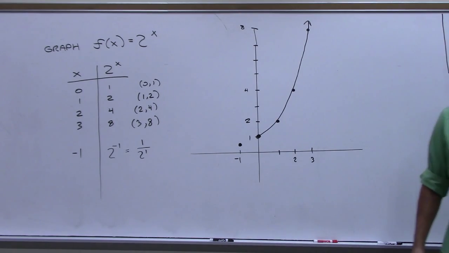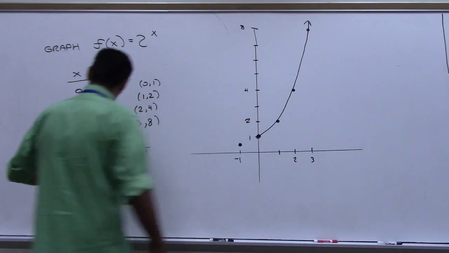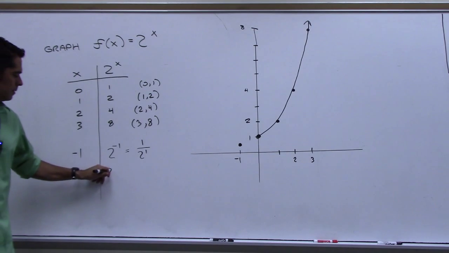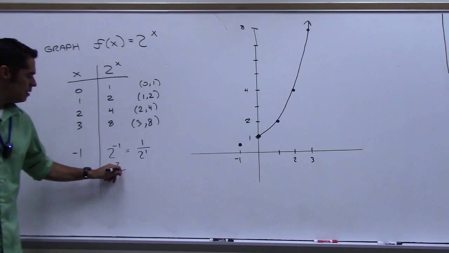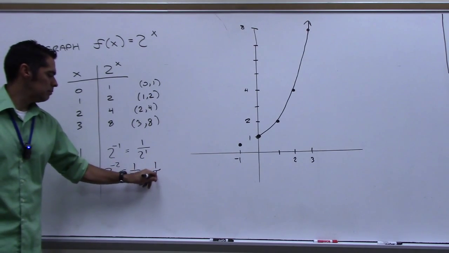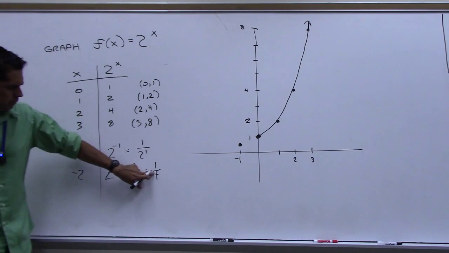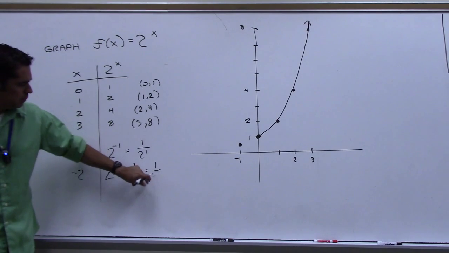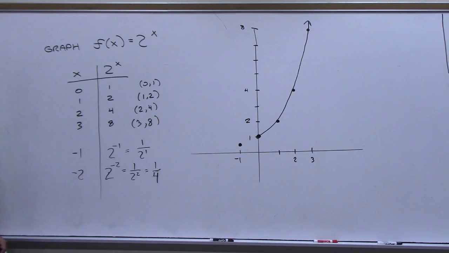How about at -2? 1/4. 2 to the -2 would be 1 over 2 squared, which is 1/4. So it's even closer to 0, isn't it?